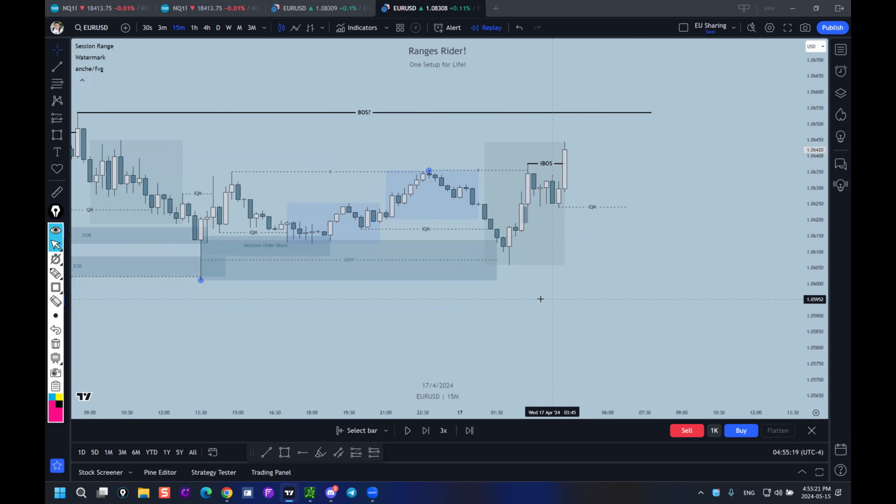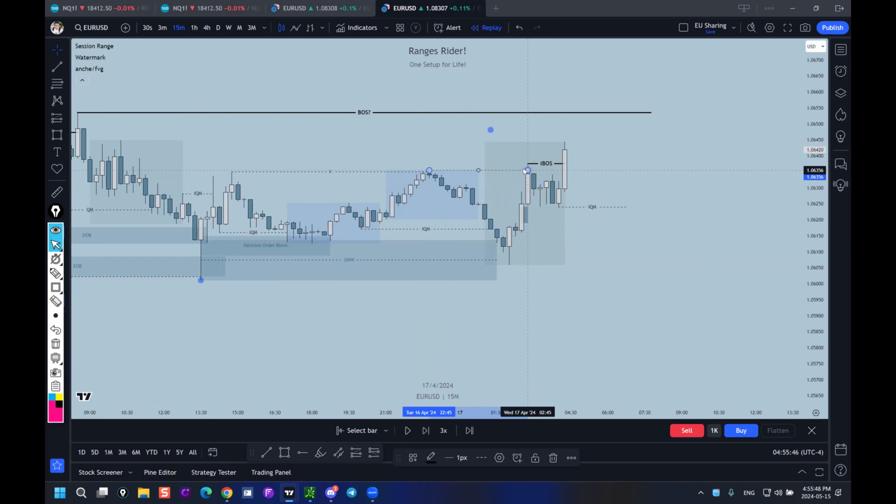Now we can say our range is confirmed from the low, and this was the IQM, so we will move this one.